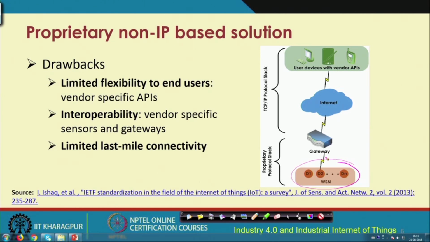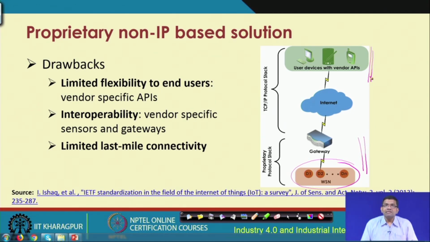So, this is this part, and then on the other side you have different devices such as laptops, desktops, PDAs and many others, which in the existing framework use the existing TCP/IP protocol stack of the internet. Now, what we need to do is come up with a solution which can fit these proprietary solutions to the existing framework of the internet, which is already supporting laptops, PDAs and different other wireless devices. So, this is the holistic framework that we are talking about.